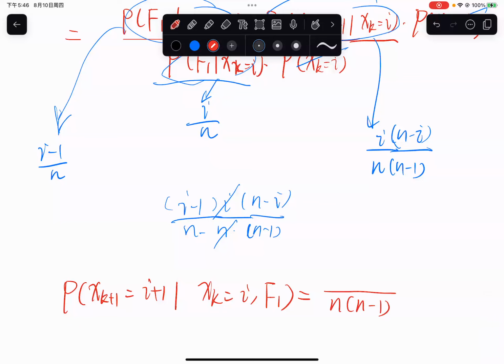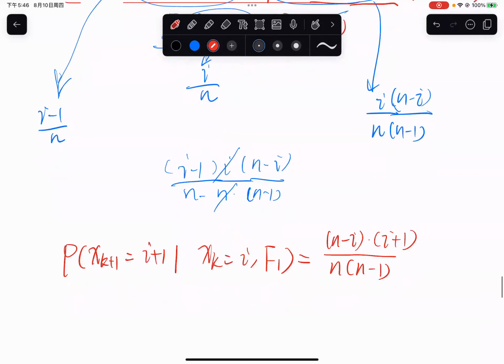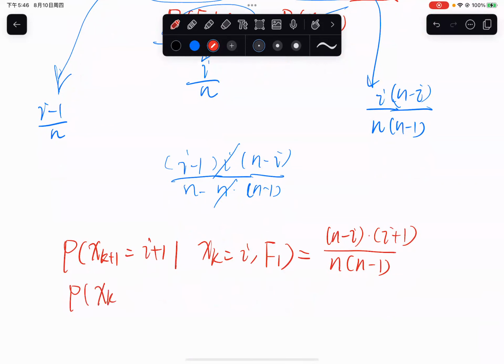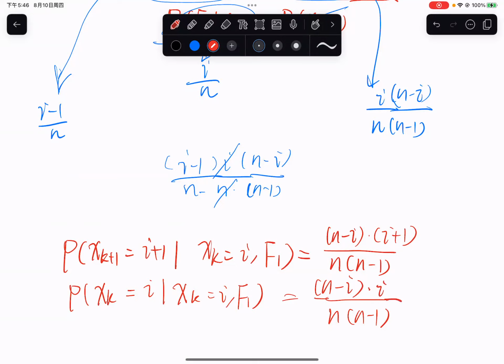The numerator is going to be still n minus i, but this time it is going to be i plus 1. And the probability that x_k remains in the same state, F1, is going to be over n minus 1. Again, still the same, n minus i. So this part should be i. Do not forget to multiply by 2.